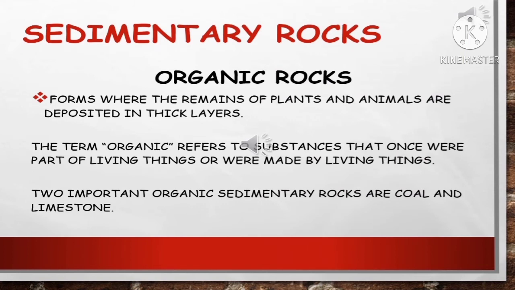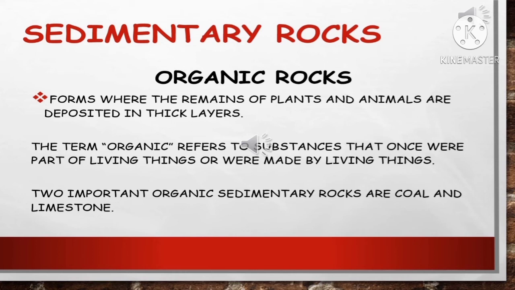So, another type of rock is the organic rocks. Kanina kasi, we were able to describe the first type of rock, yung clastic rocks na tinatawag, na merong mga iba't ibang examples, no? And usually, the clastic rocks are made from different types of sediments. Ngayon naman, ang organic rock ay kakaiba naman. These are formed where the remains of plants and animals are deposited in thick layers.